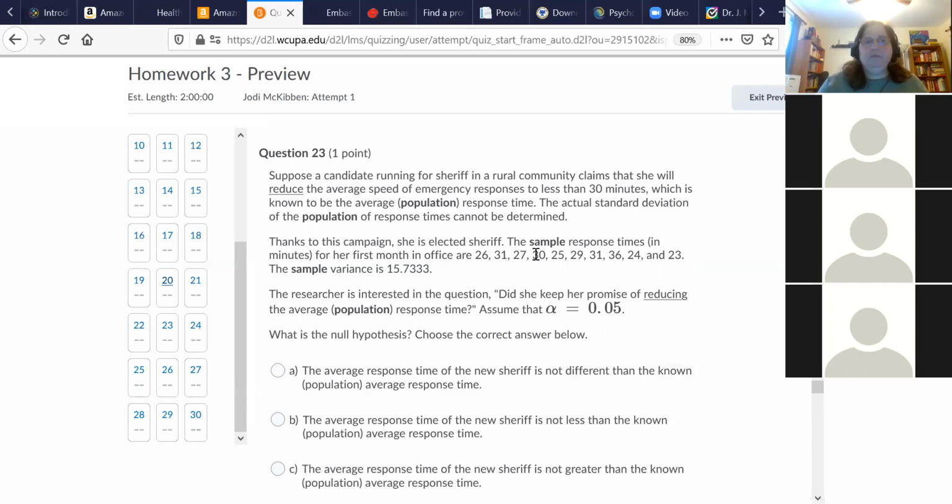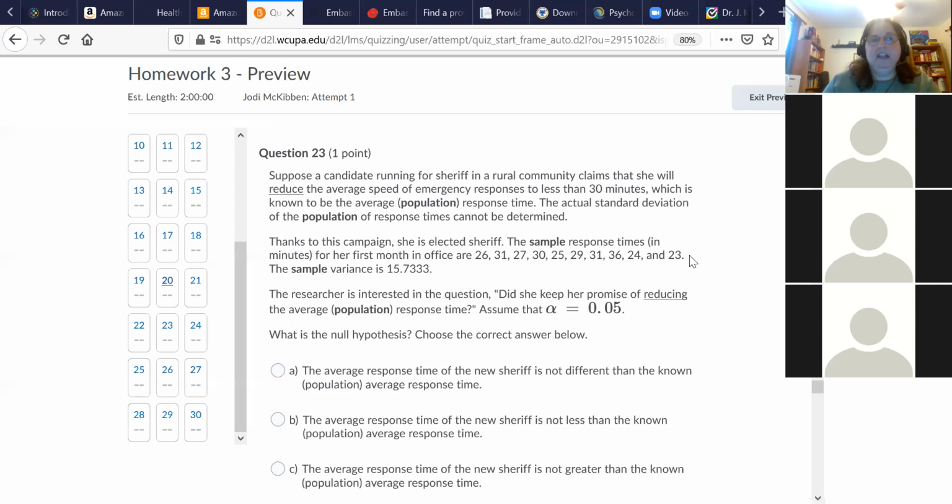Thanks to the campaign, she's elected sheriff. The sample response times in minutes for her first month in office are, and we're given these, I believe it's 10. Yes, 10 sample response times. So what I'm looking to understand here is if the mean of these sample response times, this is my sample now, right? I have to get an X bar here, an average.